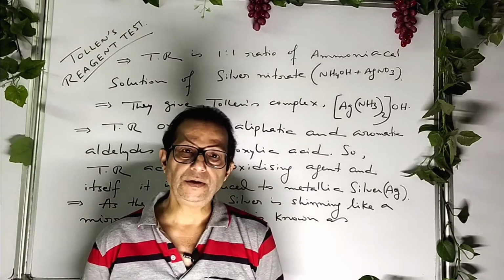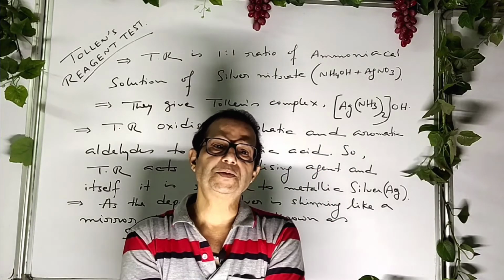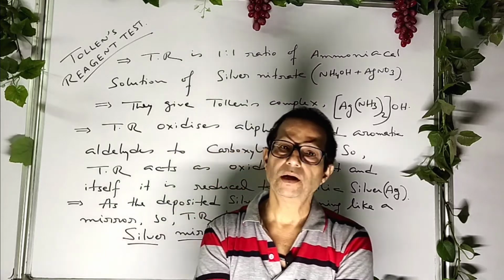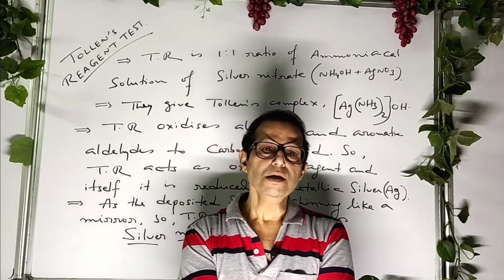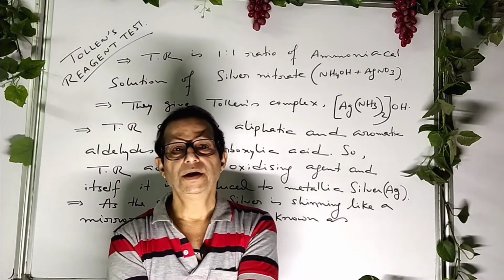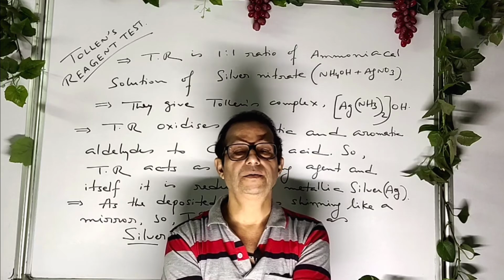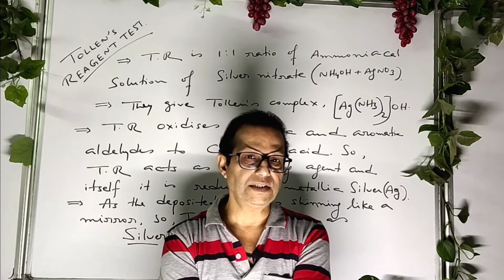In chemistry, there are lots of exceptional cases. Listen and see the reaction. Among all the carboxylic acids, it is the formic acid which responds to Tollens reagent test.